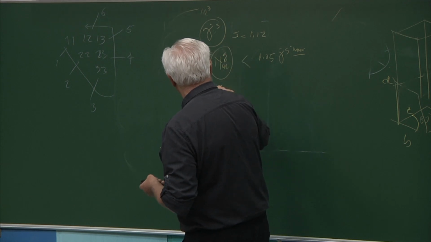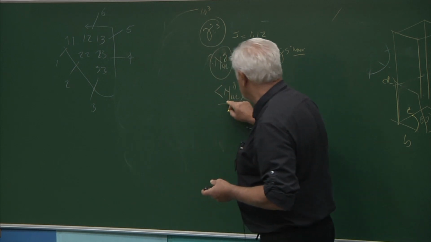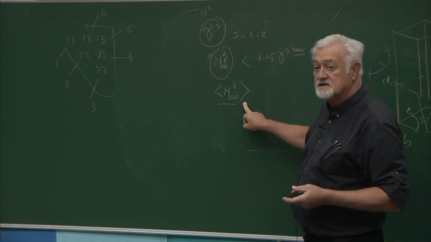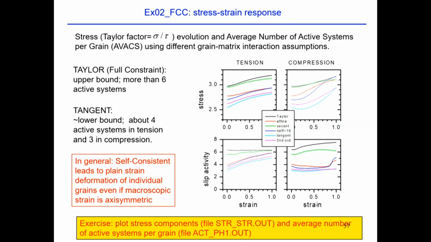And then you make the average of the number of active systems over all the grains, and that is what is plotted in the system activity. It's a general measure of how many systems are active on average per grain, how many systems are being activated per grain.